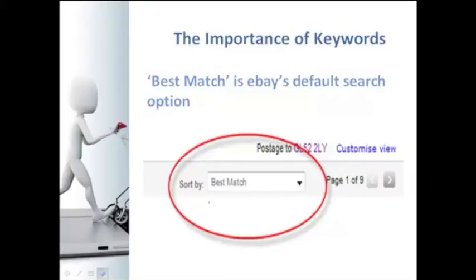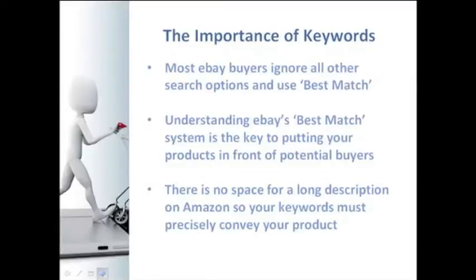You can see that it says sort by and then it says best match, and there is a little arrow there to the right hand side, and that arrow actually enables you to choose the sort by method to items ending soonest, or items closest in distance, that kind of thing.